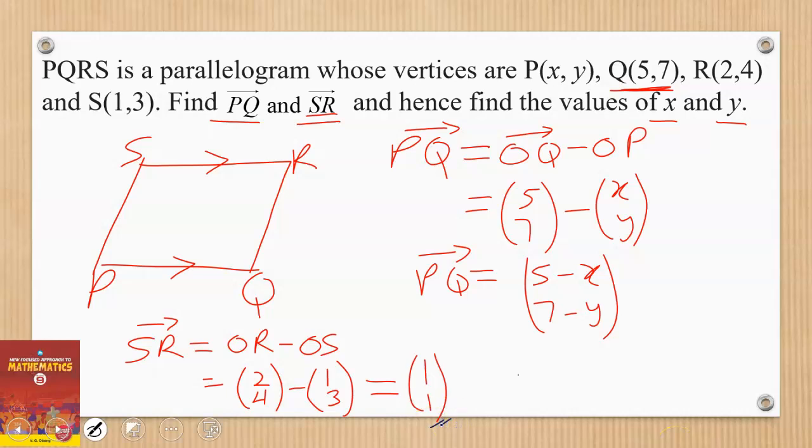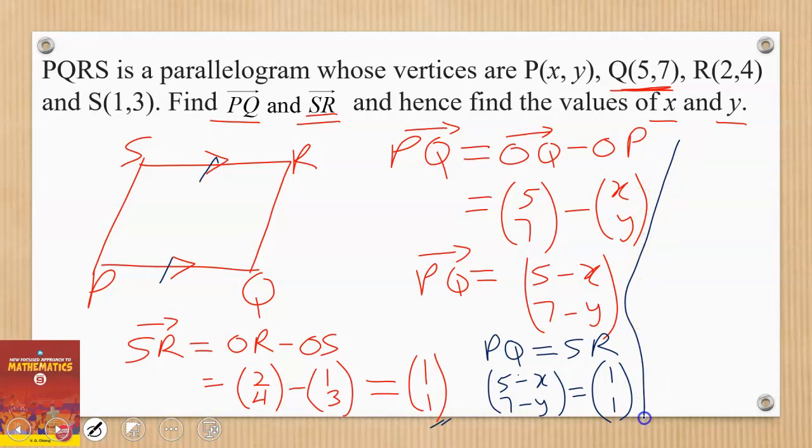So now after knowing SR to be 1, 1, we know that if this is a parallelogram, then the two sides here ought to be the same. So that means PQ should be equal to SR. Now we know PQ to be 5 minus X, and then 7 minus Y. And then we know our SR to be 1, 1.